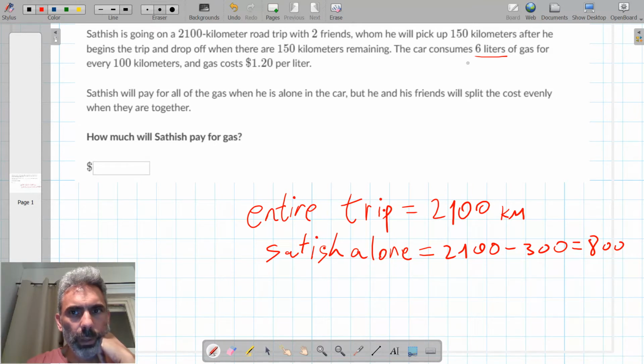If the car consumes 6 liters for 100 kilometers, then for 2100 kilometers we need to multiply 6 by 21.